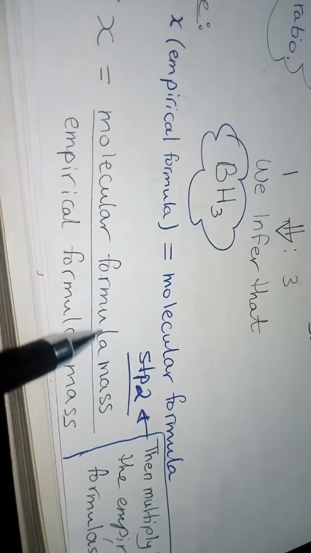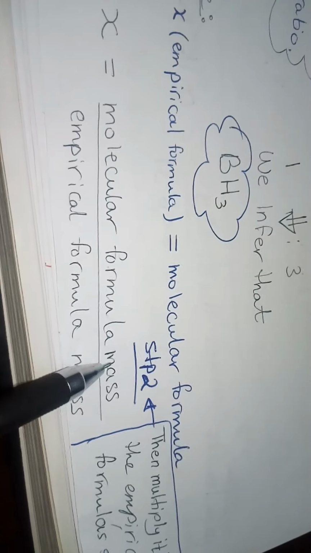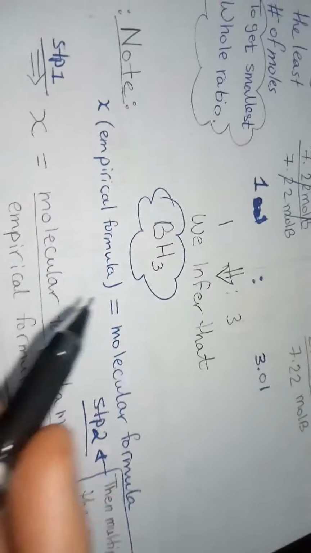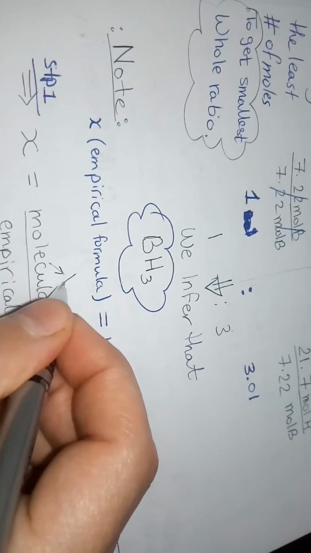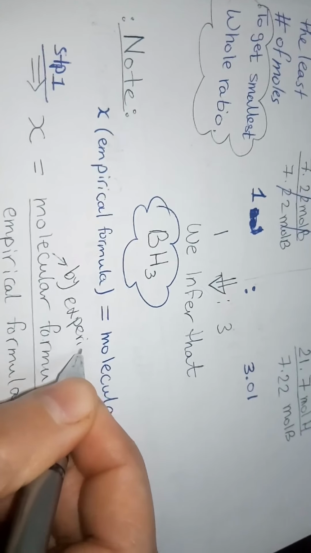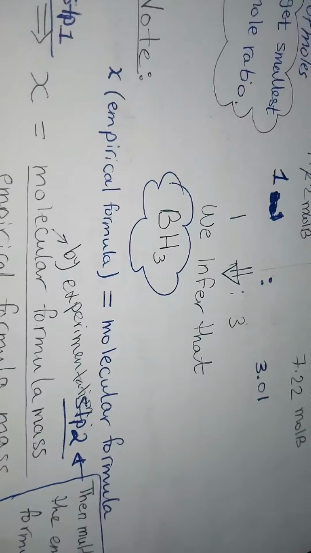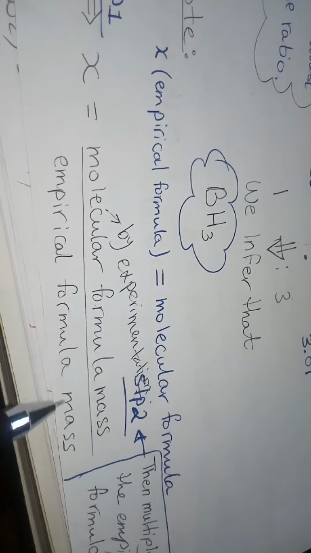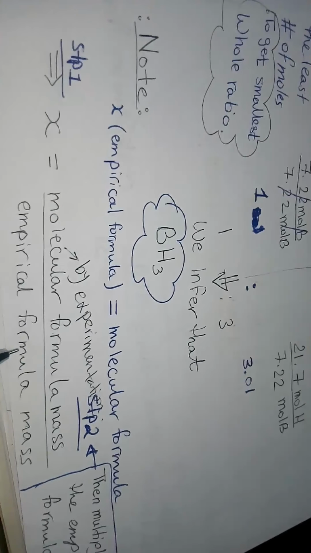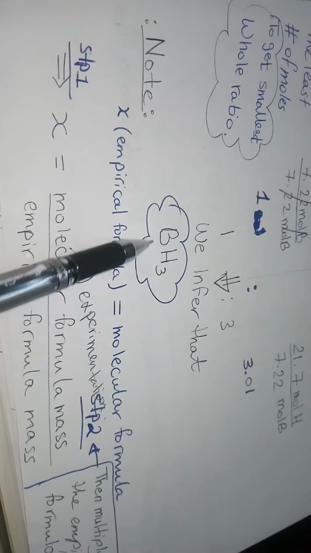So molecular formula mass, this is for the final chemical formula. This is going to be given for the final chemical formula, and this is found by experimentation. Empirical formula mass is just the molar mass of the empirical formula you find by calculations.